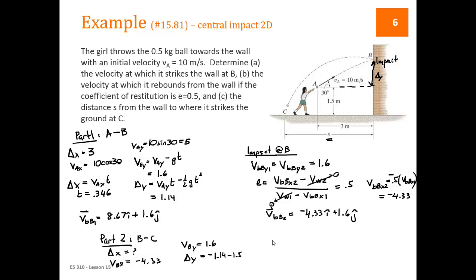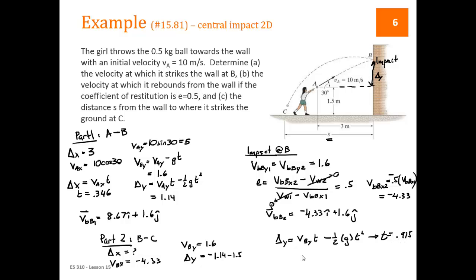And then our two equations, we've got delta y is equal to VBY t minus 1/2 g t squared. We know delta y, we know the initial velocity in the y, so we can find t. So this gives us t is equal to 0.915.